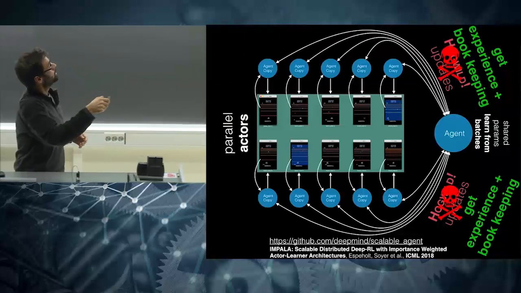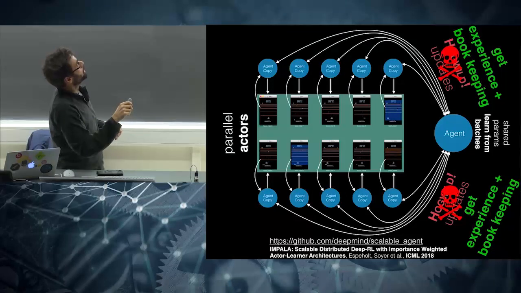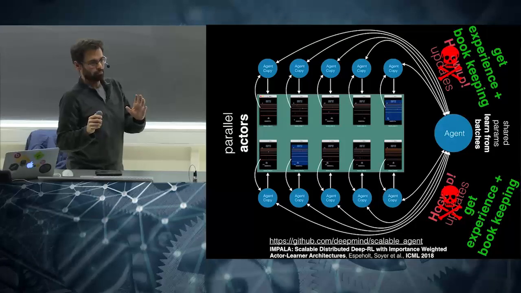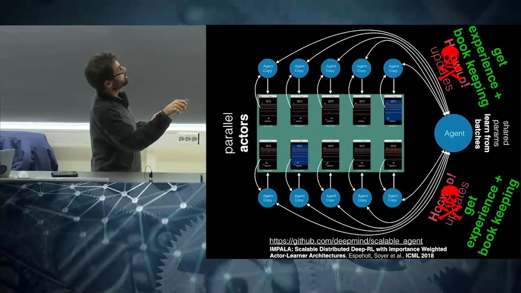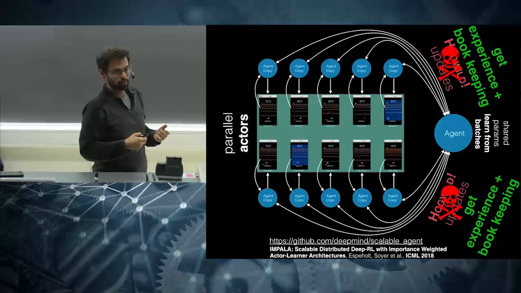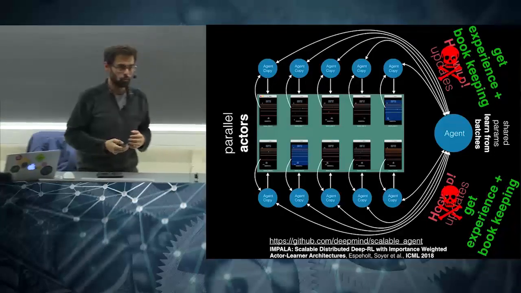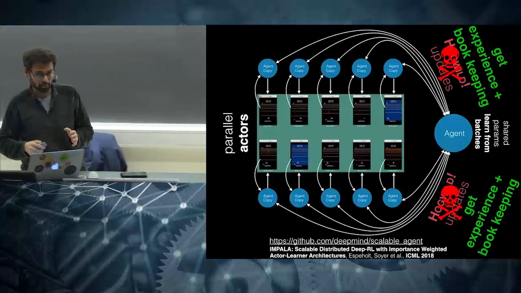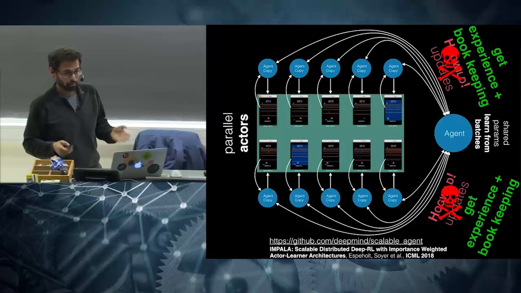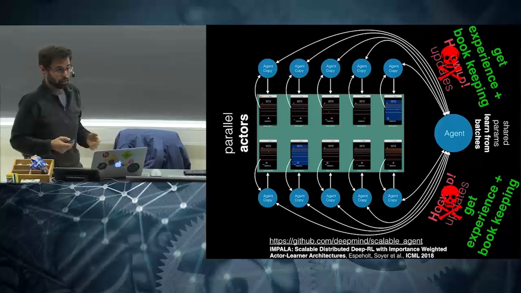But since here you have many experiences coming, and these agents have a copy of a shared parameter set, which could have been updated while they are collecting experience, there's staleness of experience here. So to correct for that, you have to apply some statistical techniques like importance sampling to compute the gradients that are unbiased.